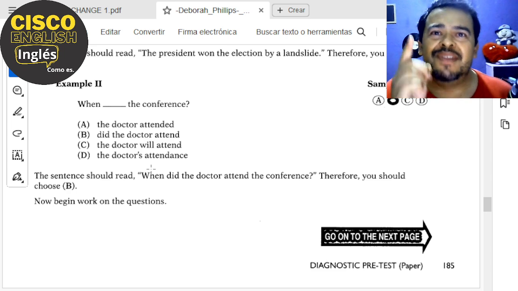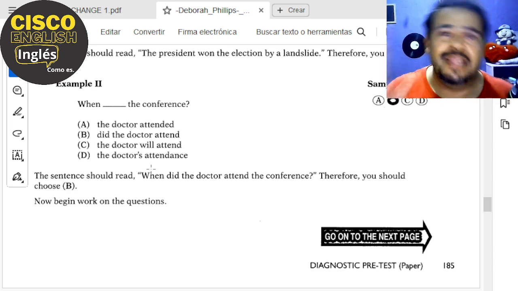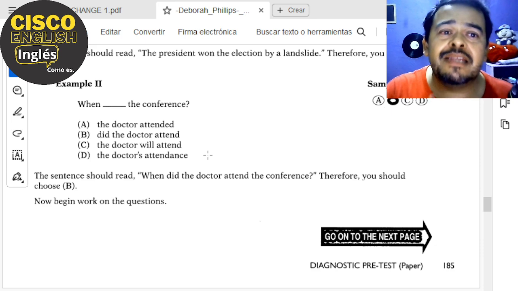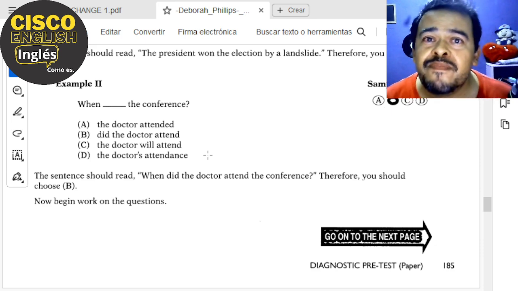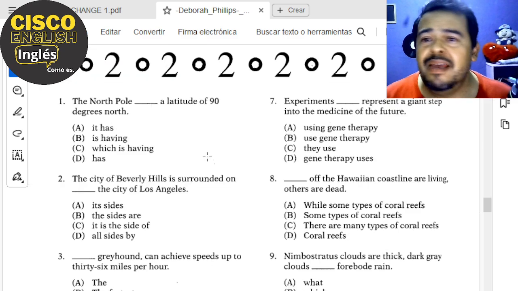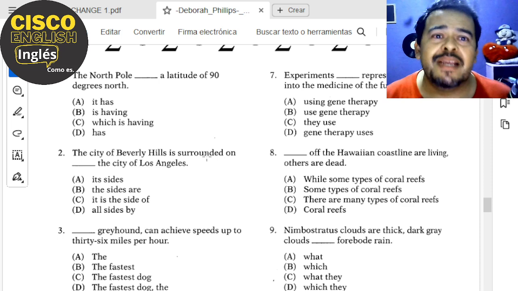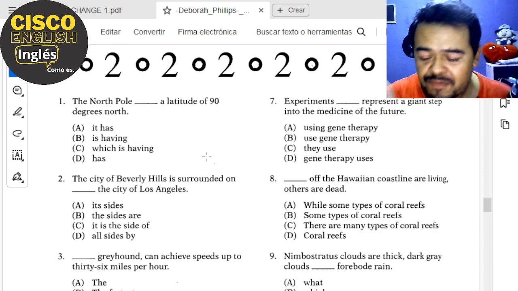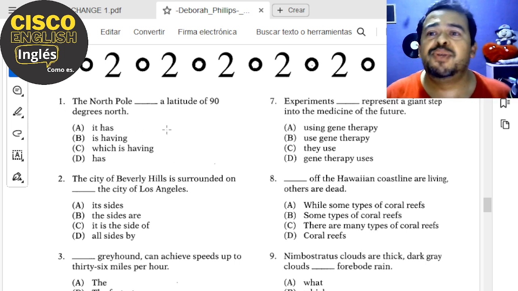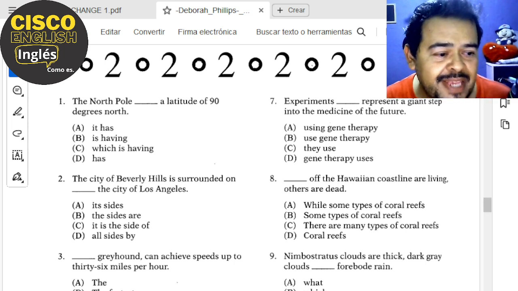Why are you saying that is the right answer and not the others? So the right answer is B, because then you will create a sentence that reads, when did the doctor attend the conference? So this is what you have to do all over the 40 questions. Well, basically the 40 questions, but the first 15 questions are the ones where you have to choose what goes into each of the sentences.